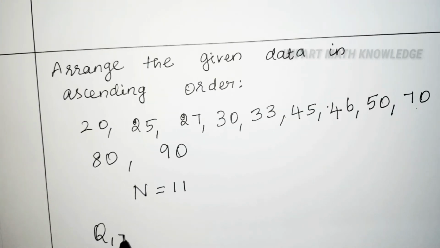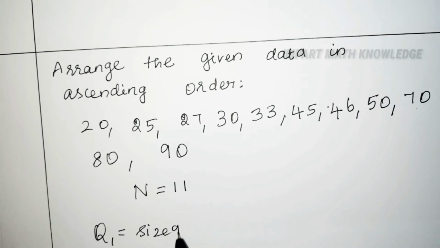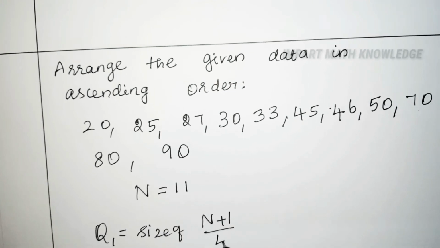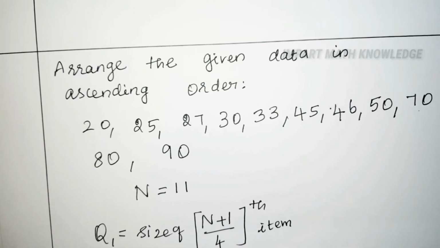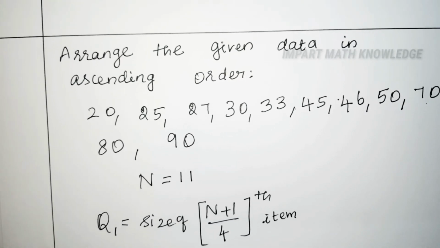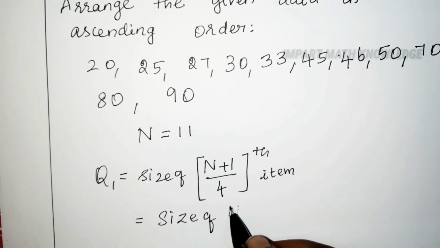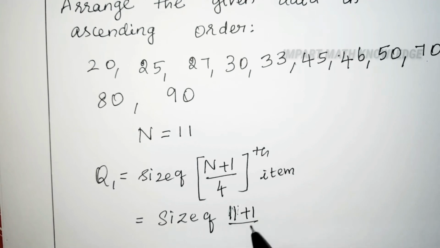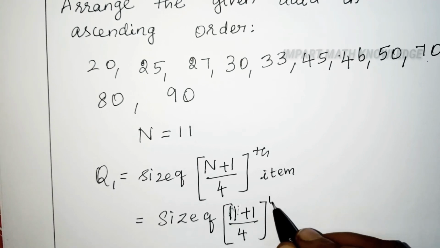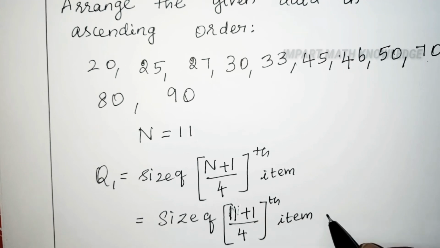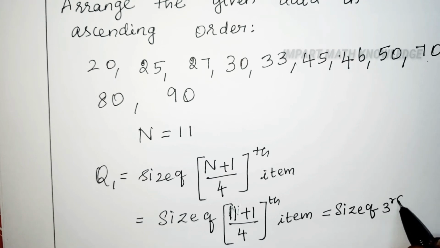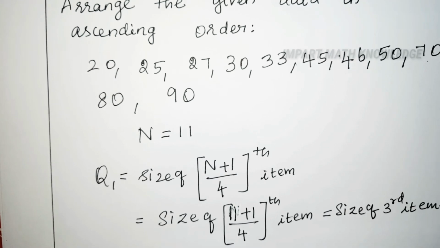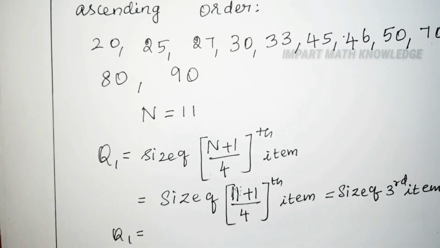Lower quartile Q1 is equal to the size of (n plus 1) by 4th item. Here n is equal to 11. Size of (11 plus 1) by 4th item is equal to the size of the third item. Here the third item is 27. So Q1 is equal to 27.